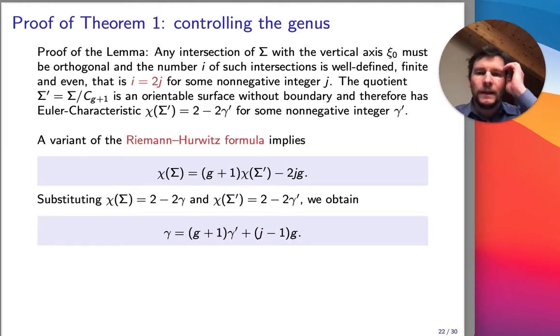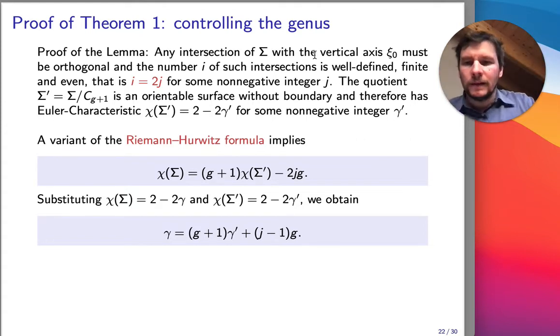Okay, then we have the Riemann-Hurwitz formula. So just think of how do we get sigma back from sigma prime.